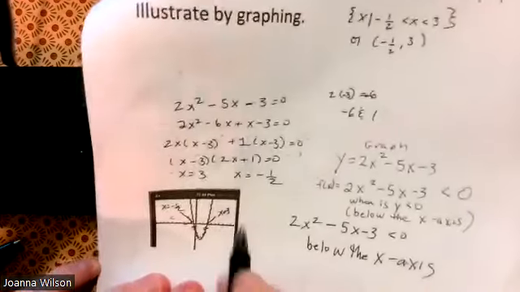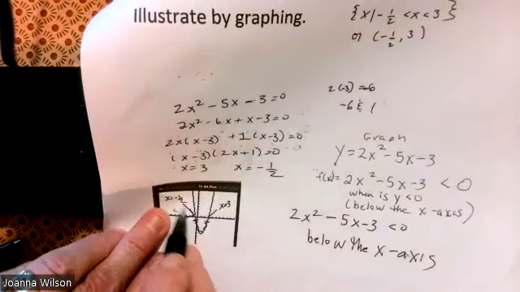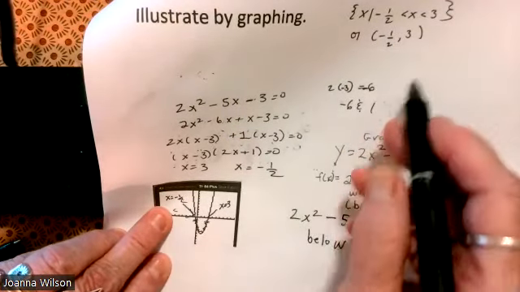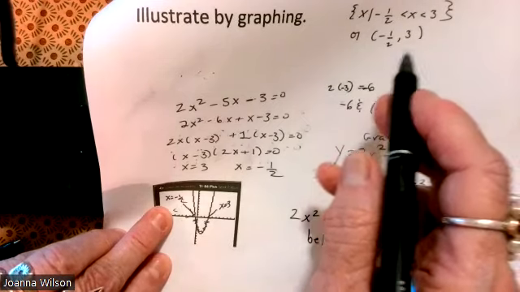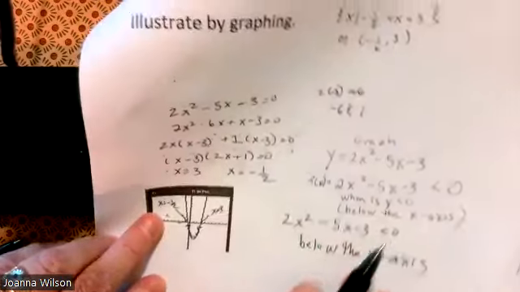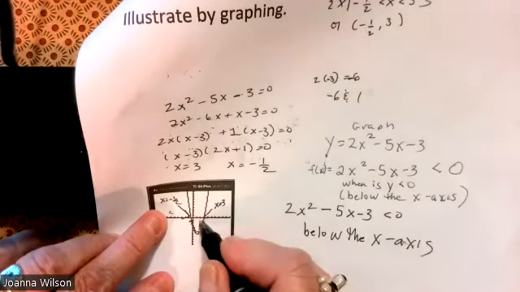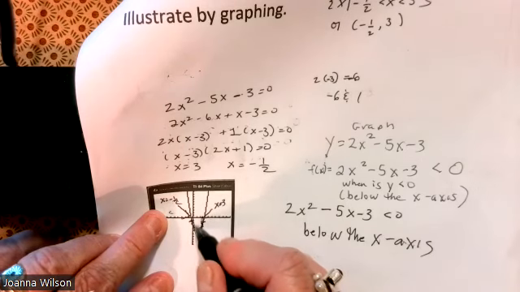And so if you look at the graph and you know that these are the intercepts, so one of them is x equal negative 1/2, and the other intercept was 3, x equal 3. It's below here between negative 1/2 and 3.